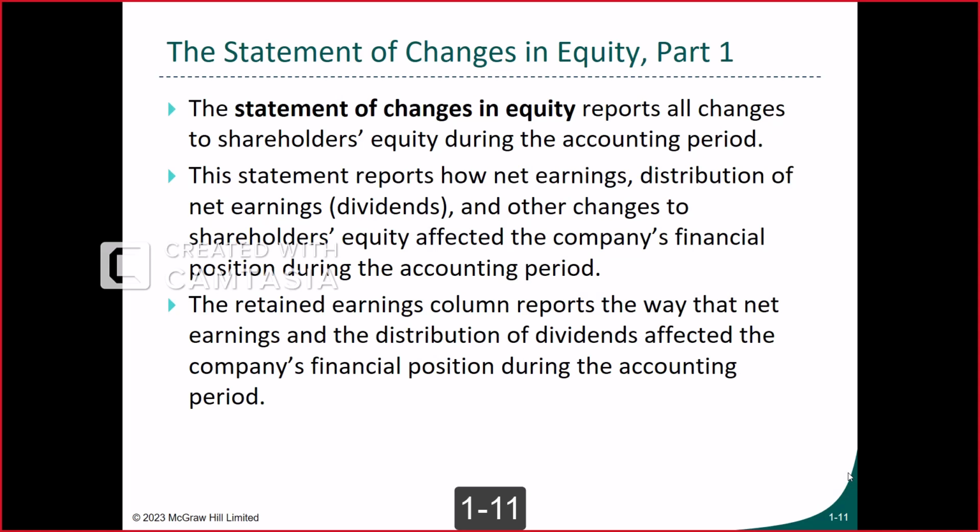When the company gets a profit for the year, they can decide either to reinvest or keep that profit in the company, or to distribute a portion of it as a dividend. So the dividend distributed is subtracted from the retained earning, so that in your shareholder equity you will only have the retained earning, which means the net profit not distributed, in addition to the contributed capital.